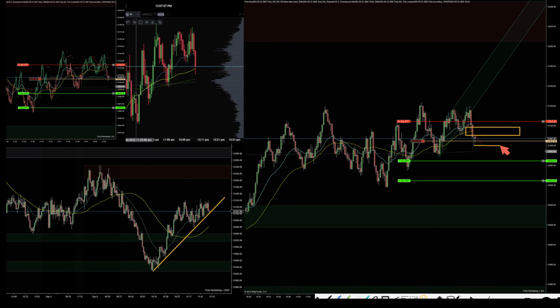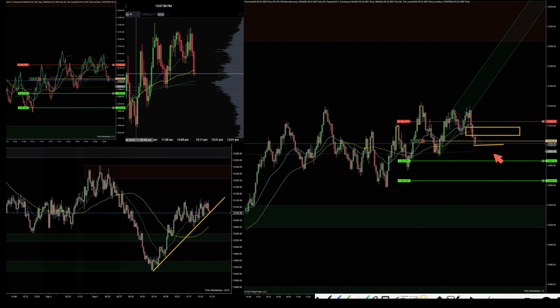And this level here, there are some more buyers, they try to buy from here. Okay, testing that VWAP here.